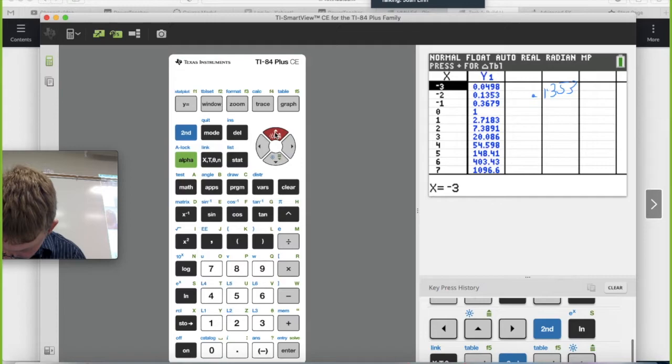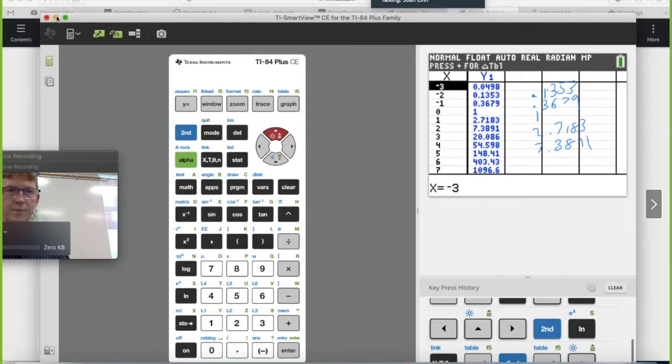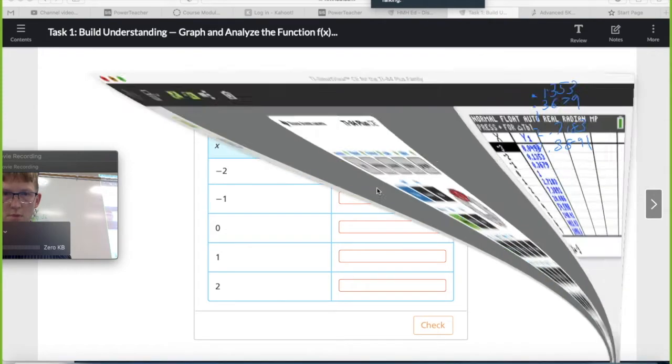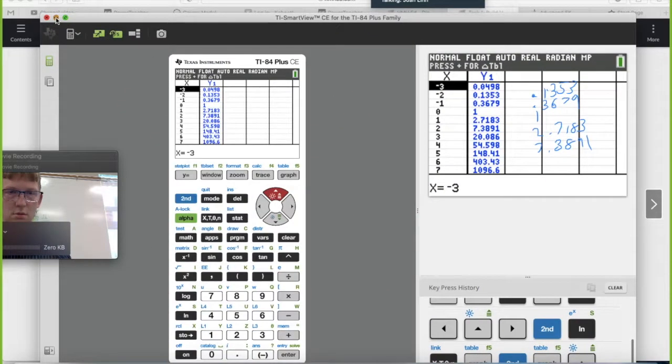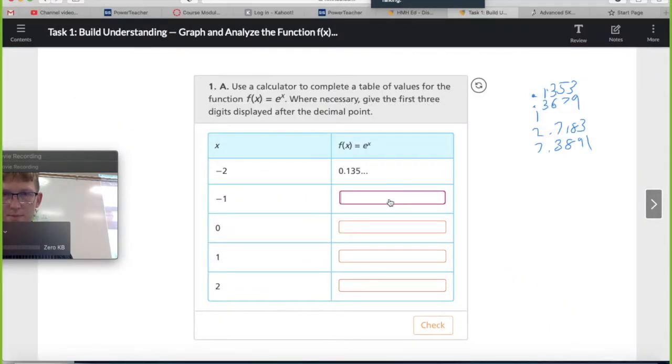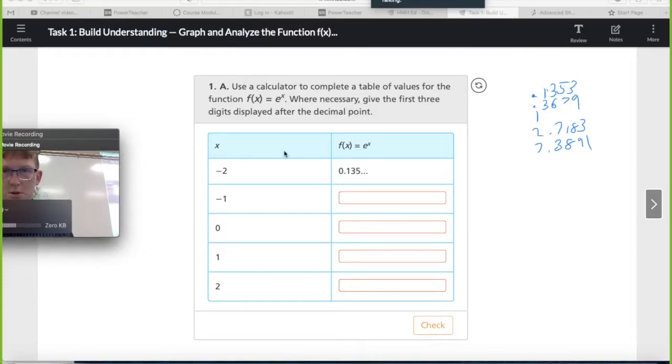0.1353, 0.3679, 1, 2.7183, and then 2 is 7.3891. So our negative 1, except we already wrote down negative 2.